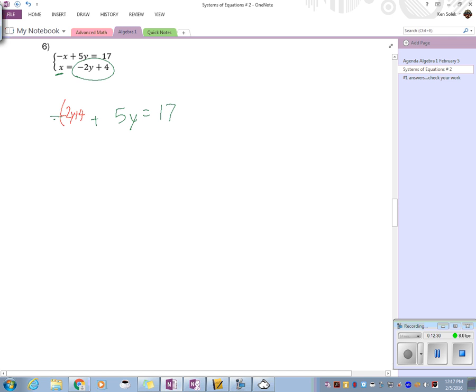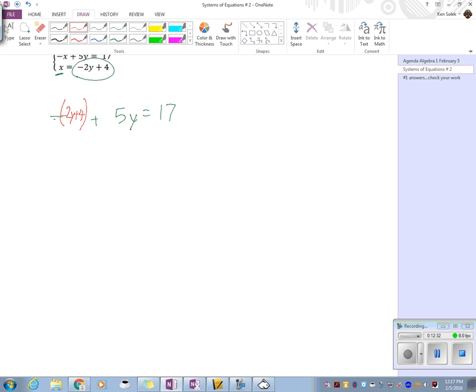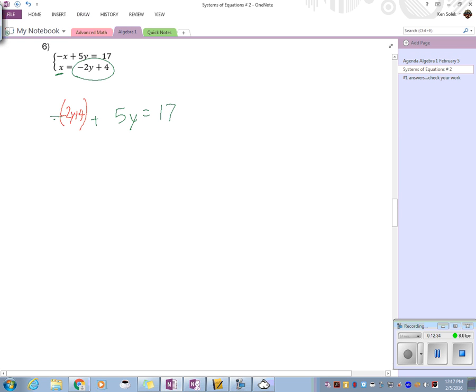And then I'm going to simplify that. So negative negative is positive 2y. Negative positive 4 is minus 4. Plus 5y equals 17. So 2y and 5y make 7y minus 4 equals 17. 7y equals 21. Did you get y is 3?